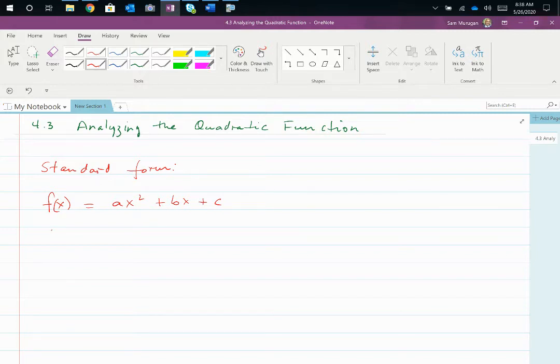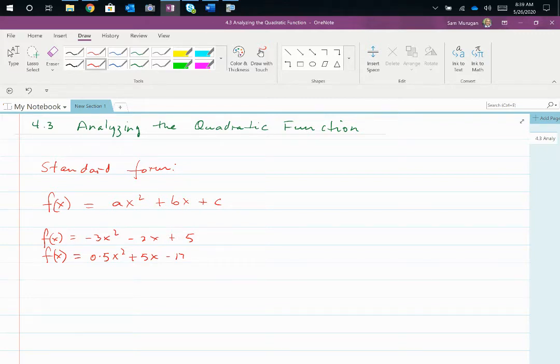Examples of a quadratic function might be, say, f of x is equal to negative 3x squared minus 2x plus 5, or f of x is equal to 0.5x squared plus 5x minus 17. Those are all examples of a quadratic function in the standard form.